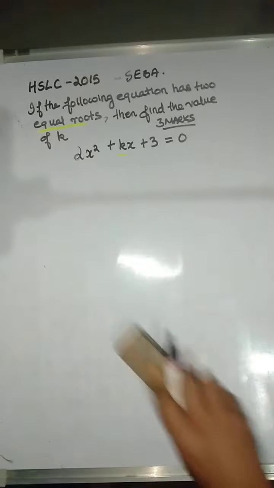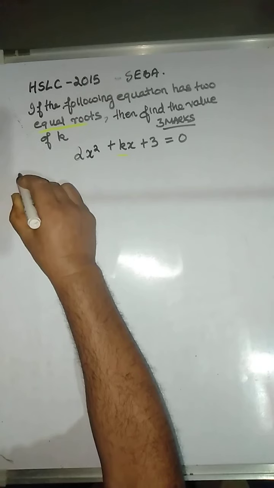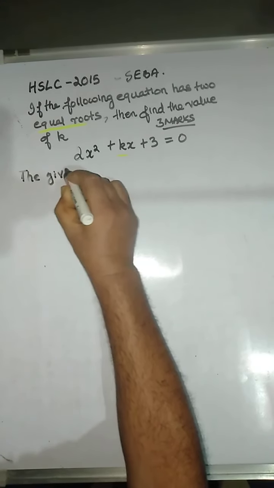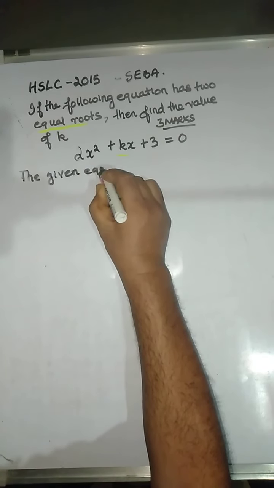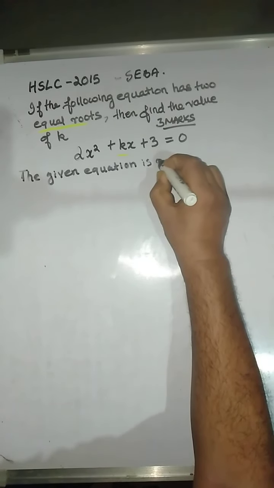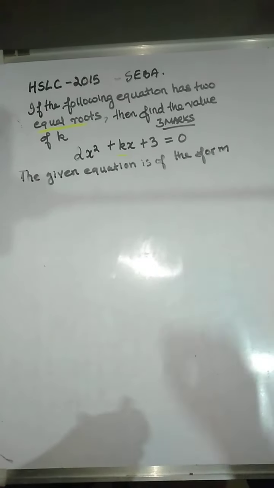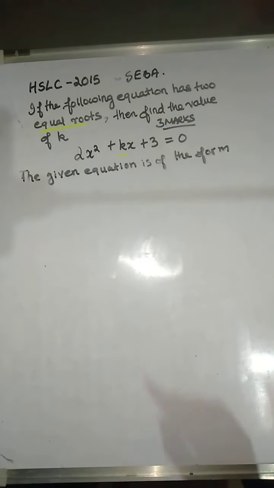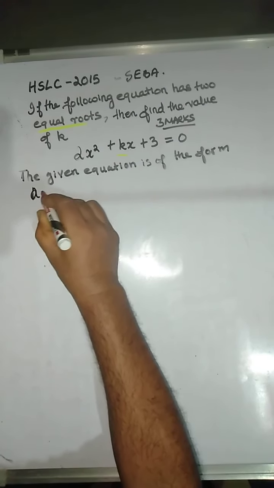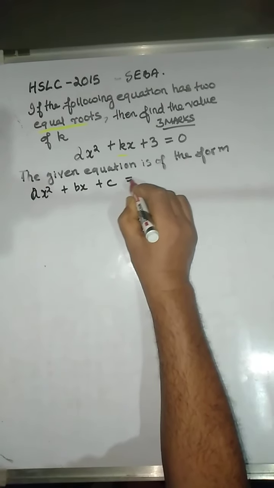But we are focusing on equal roots where the discriminant is equal to 0. How do you tackle this? Let's see. The given equation, I'm writing so that you'll understand, is of the form ax squared plus bx plus c is equal to 0.